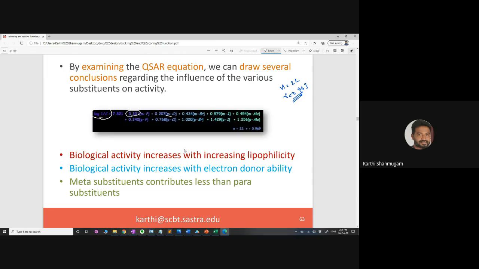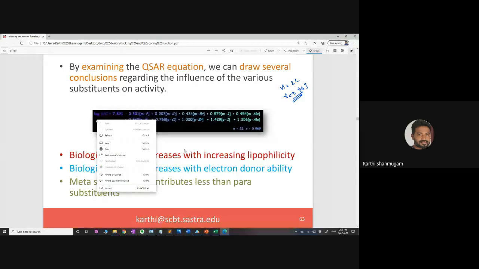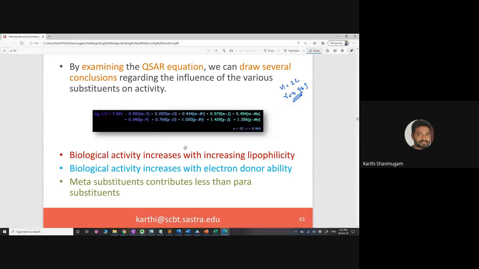If the Cl is at meta position, its contribution to the overall biological activity is going to be 0.207. And if the Br is at meta position, its contribution to the overall biological activity is going to be 0.434, and so on. Is it understandable? Yes, sir. This is how each substituent is contributing to the biological activity.